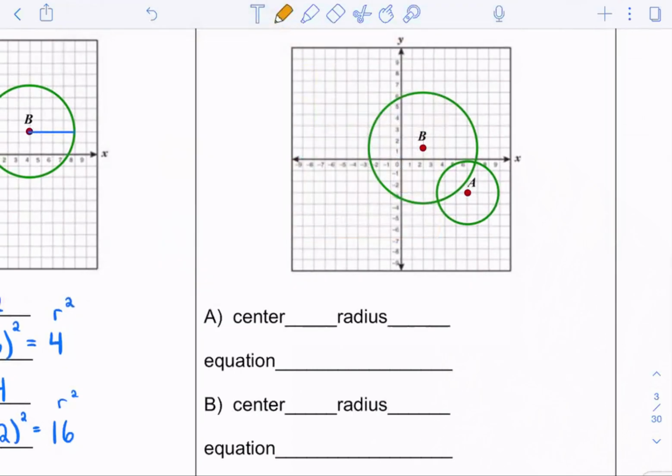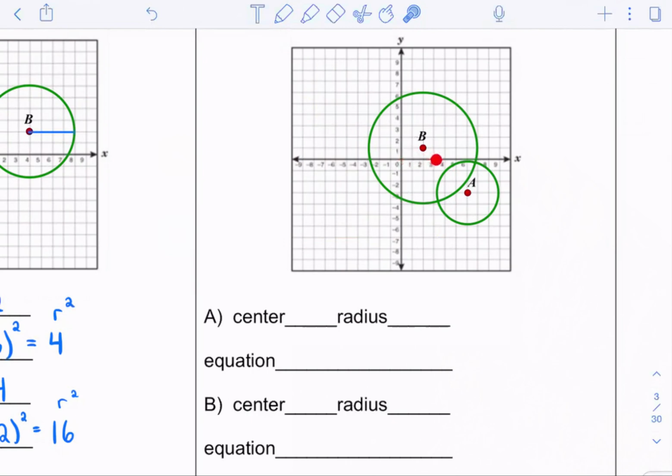Right, and then we have 2 more we could get done very quickly. So here for this A circle, so I'm doing A first, then I'll do B. But looking at this would be a good place for students to pause, look ahead, try to do the questions on their own, and then restart the video and check their answers. That's a great idea.